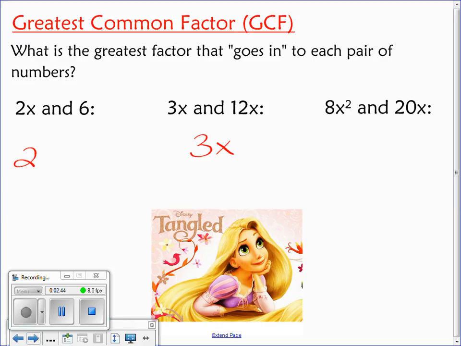We want to be fair when we punish our children, right? Your parents may not be with you, but I'm trying to be. All right, good. This one would be 4x. 4 is the number that goes into 8 and 20, and one of them has x squared, 2 x's, and one of them has 1, but the most I can take from both of them is just 1 each. Got to be fair.